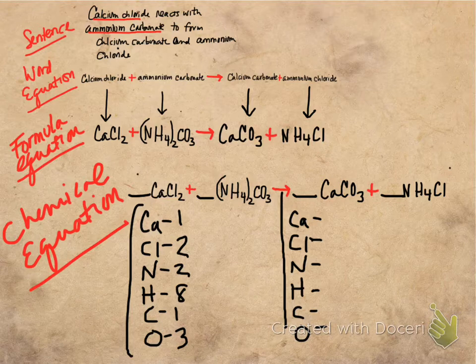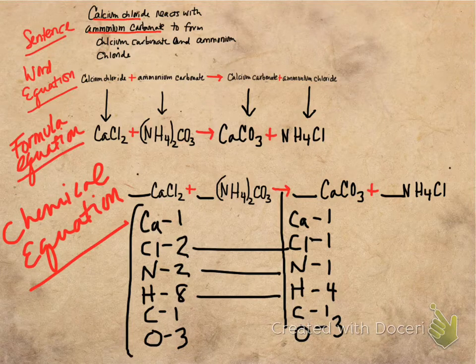And then I'll do my tally on the product side: 1 calcium, 1 chlorine, 1 nitrogen, 4 hydrogen, 1 carbon, and 3 oxygen. I can see right away that the equation is not balanced. I have different numbers of chlorine, nitrogen, and hydrogen, though carbon, oxygen, and calcium are already balanced.